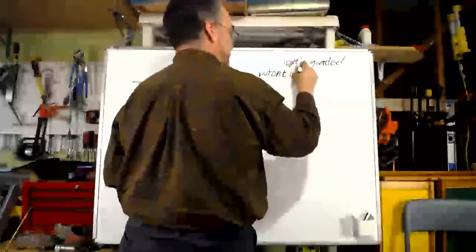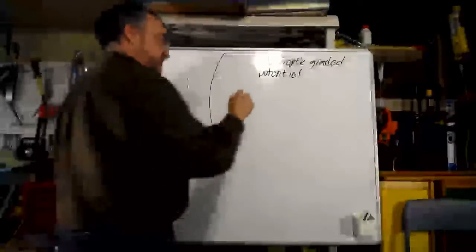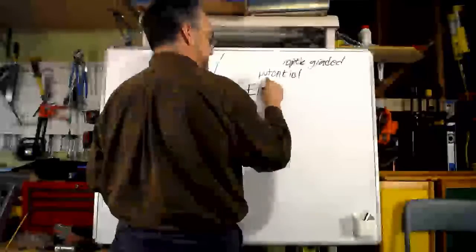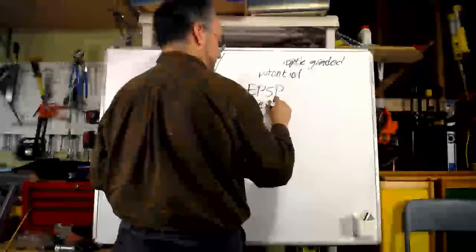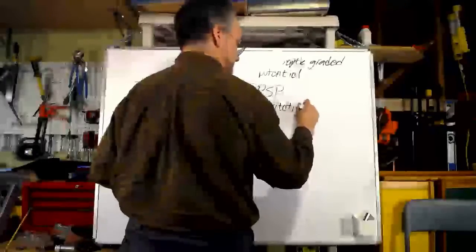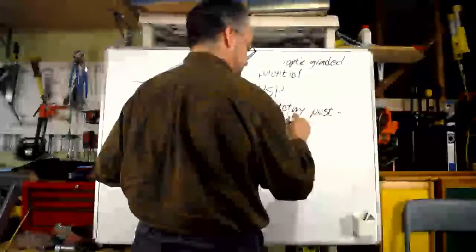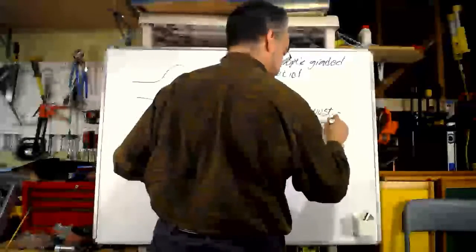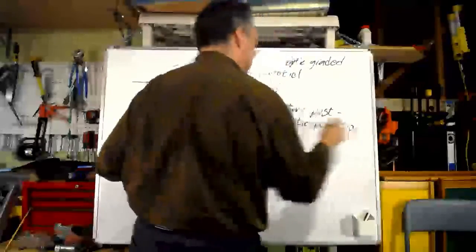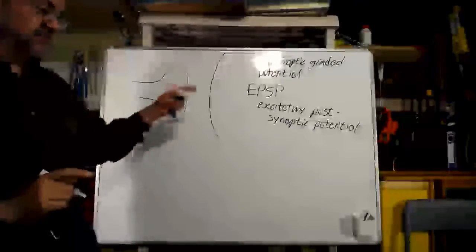these can come in, and we have two terms we use for these. EPSP stands for excitatory postsynaptic potential. By excitatory, we mean that it's depolarizing.